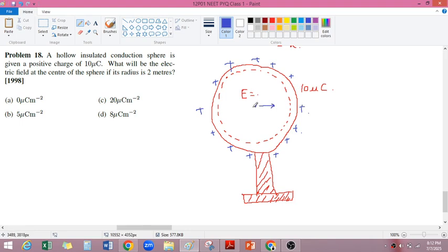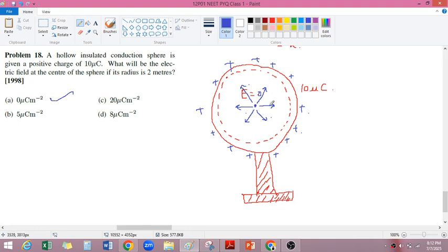This plus and this plus will repel. This plus and this plus will repel. So what do you think will happen to the electric field? So 0. Yeah. So always remember the electric field inside a charged sphere is 0.